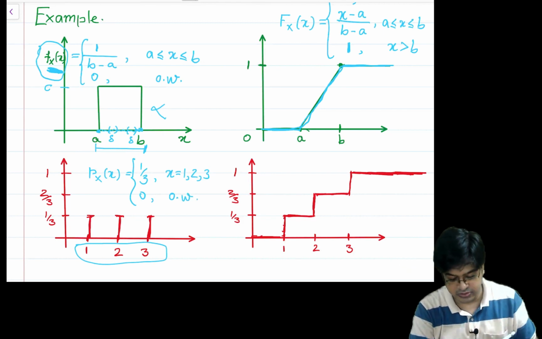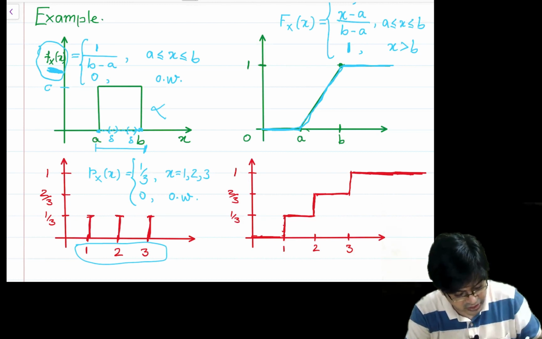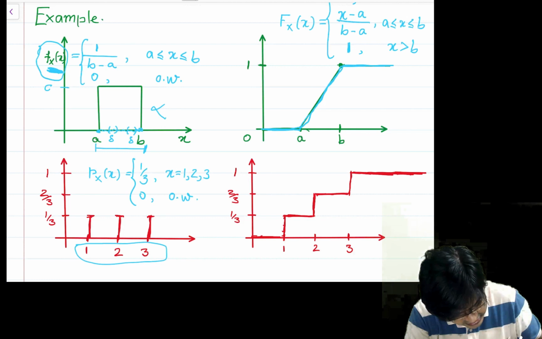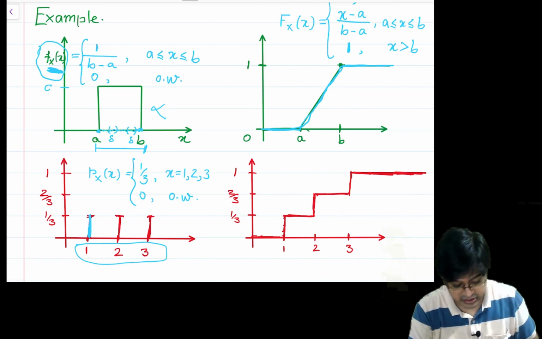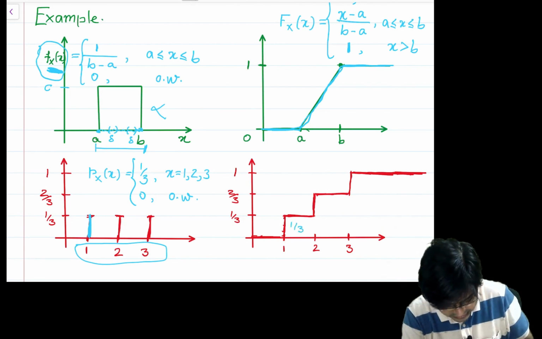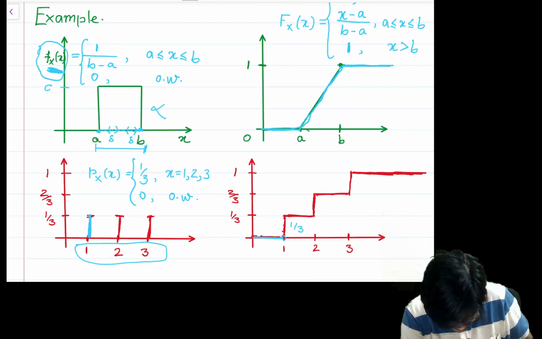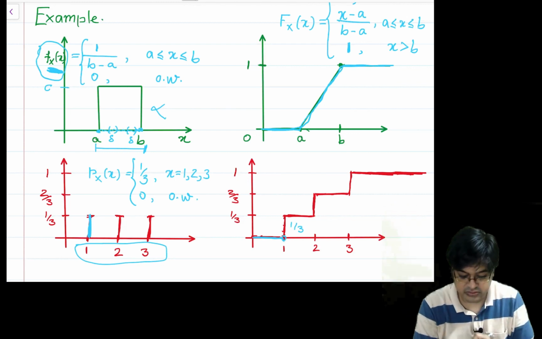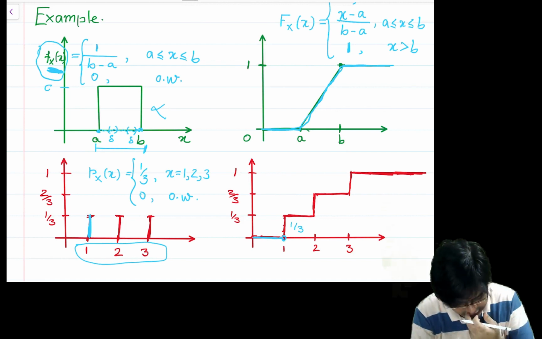Now let us come to the cumulative distribution function. Remember here, because we have point masses associated with these random variables, at 1 there will be a sudden jump of size 1 by 3, correct? So when I draw a graph of this function up to this point, excluding the point 1, I will have a flat line which is 0.